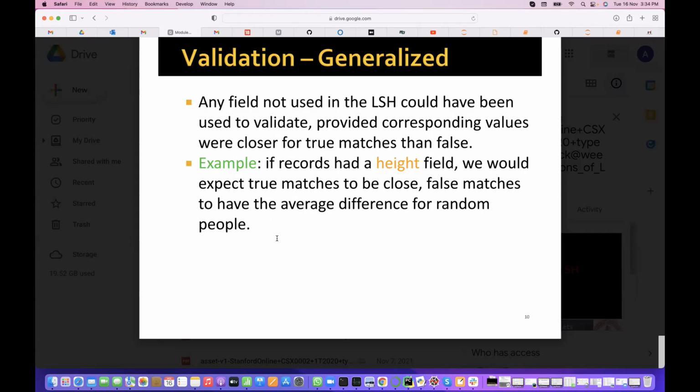So if the average difference between random people's recorded heights is very small, then it's a duplicate. Again, if records had a height field, we would expect true matches to be close, and false matches to have the average difference for random people.